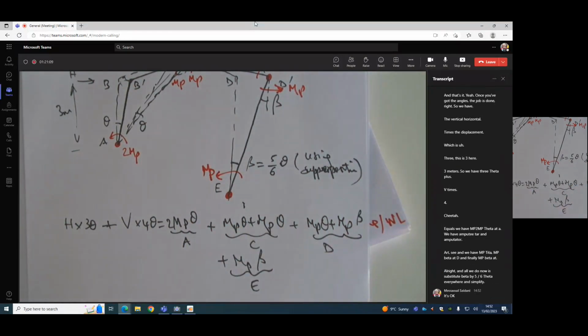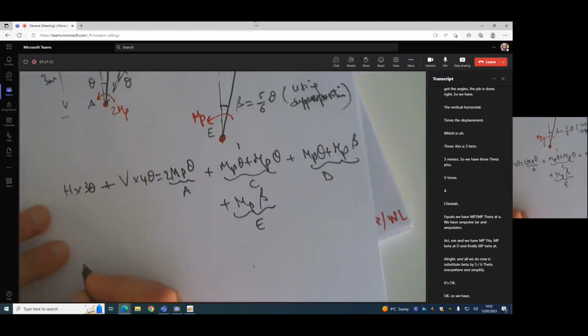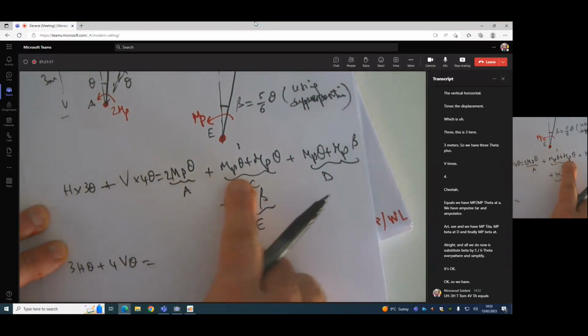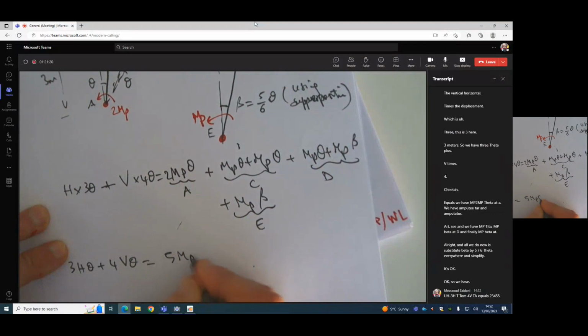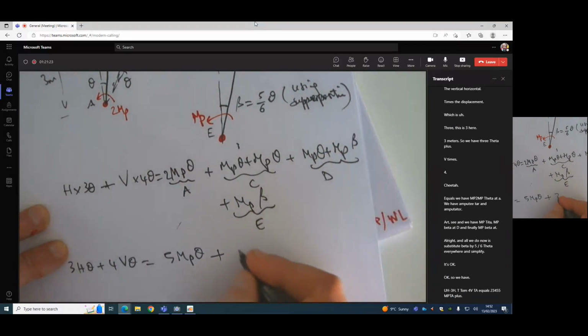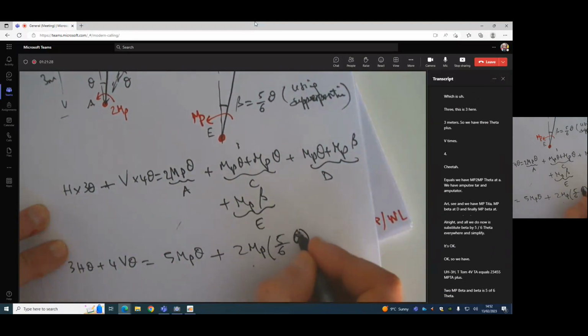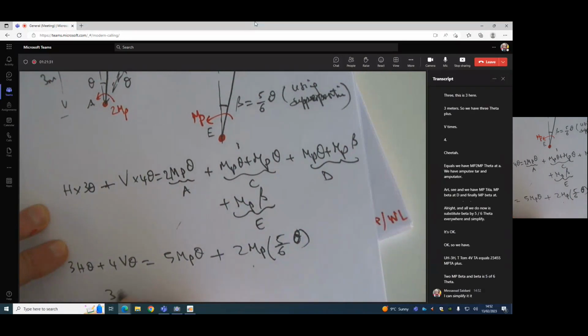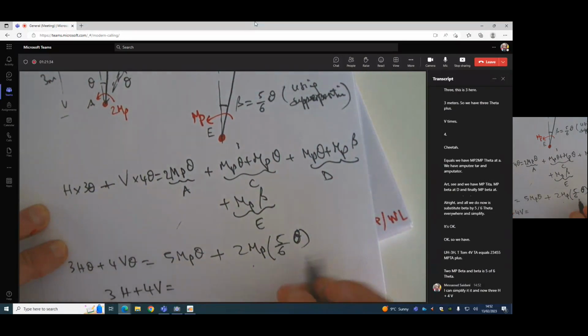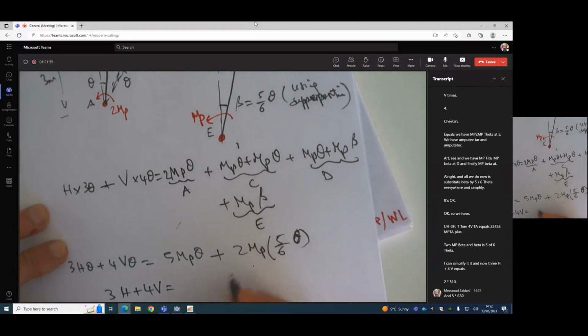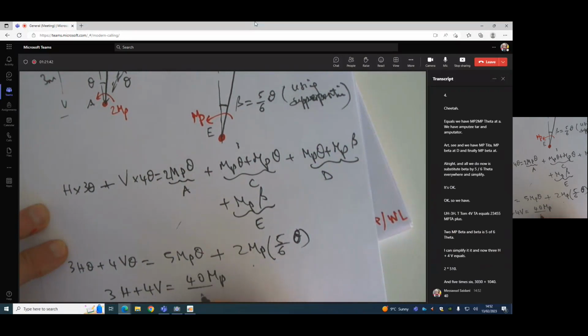Is that okay? Okay, so we have 3H theta plus 4V theta equals 5 MP theta plus 2 MP beta, and beta is 5/6 theta. I can simplify theta now. 3H plus 4V equals 2 times 5, 10, and 5 times 6, 30, 30 plus 10, 40, 40 MP over 6, which is 40 times 60 divided by 6.